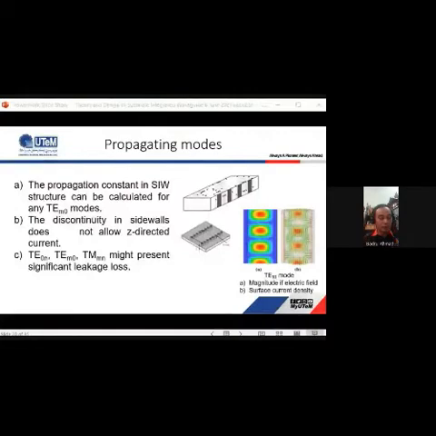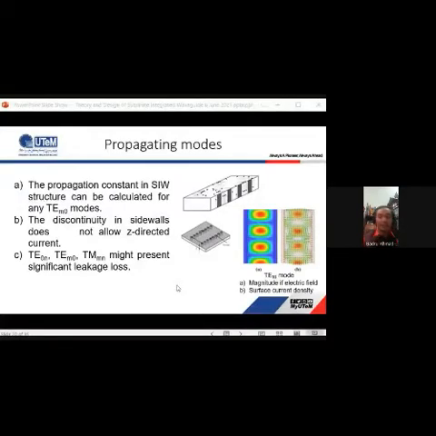For those modes where the current distribution in the wall is perpendicular to the direction of the vias, those modes cannot be sustained in the SIW, because they would escape through the gaps, as the nature of propagation is different.